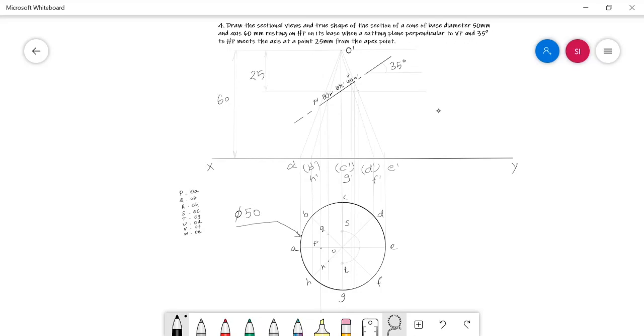Just I marked. Okay. And now we have to mark the point U in OD. So just drag the projector of U. Whenever it intersects with OD, we have to mark the point U. Here it is U.